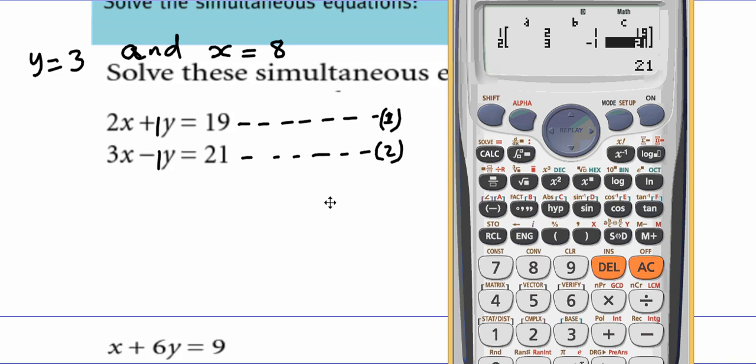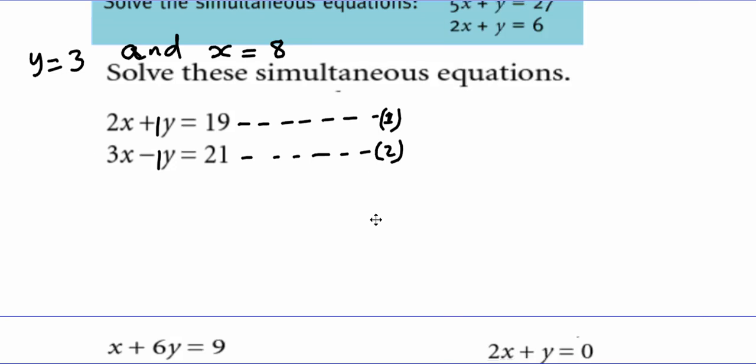Now, when you hit equals for the second time, you see that it's giving you x is 8. And we got here x is 8. See that? When you hit equals another time, you get y equals 3. And we got y equals 3. I hope that helps. And we are good to go to next question.